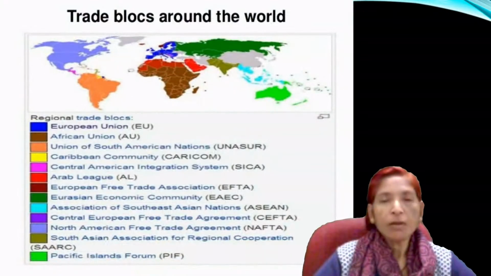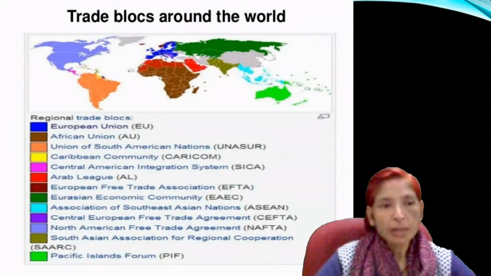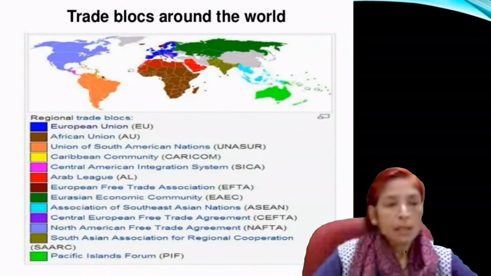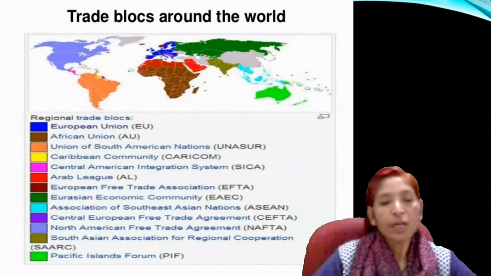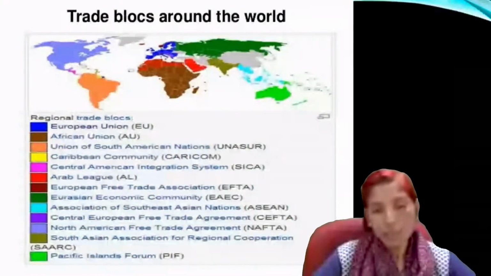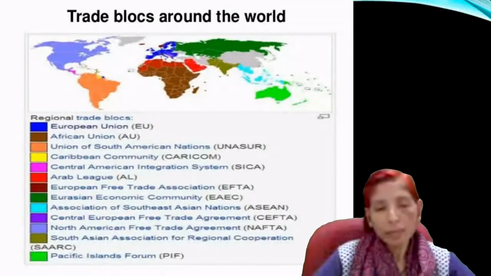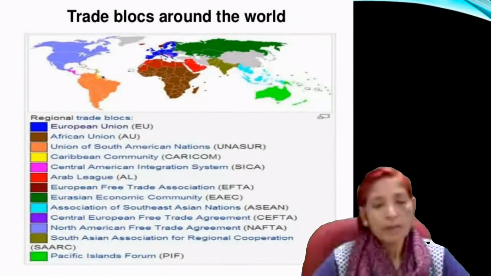Next is trade blocs around the world. There are different types of trade blocs around the world, like European Union, African Union, Union of South American Nations, Caribbean Community, Central American Integration System, Arab League, European Free Trade Agreements, European Economic Community, Eurasian Economic Community, Association of Southeast Asian Nations, Central European Free Trade Agreements, North American Free Trade Agreements, South Asian Association for Regional Cooperation, SAARC, and Pacific Island Forum, that is known as PIF.